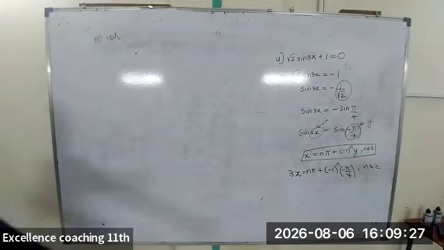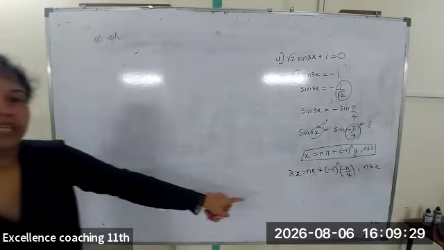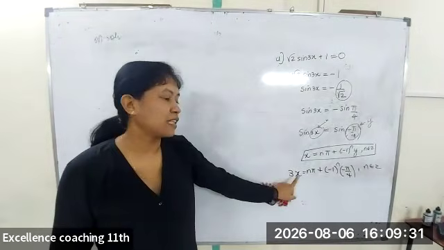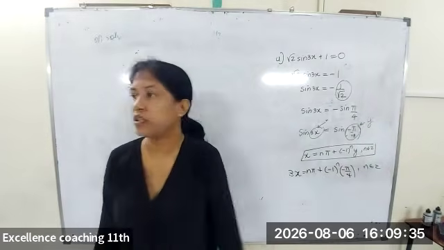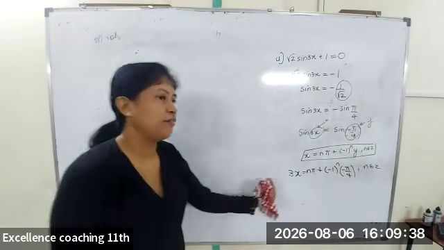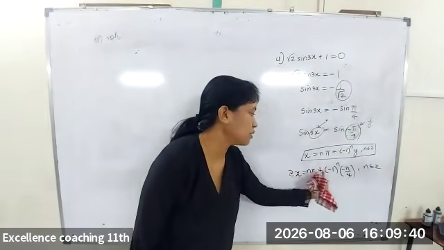Now you know that you have to simplify. Only x should remain here on the left hand side. So take 3 down here also, both the terms. Whenever you are taking 3 down, the denominator becomes 3 for both.